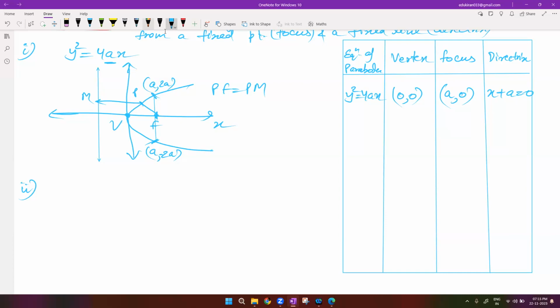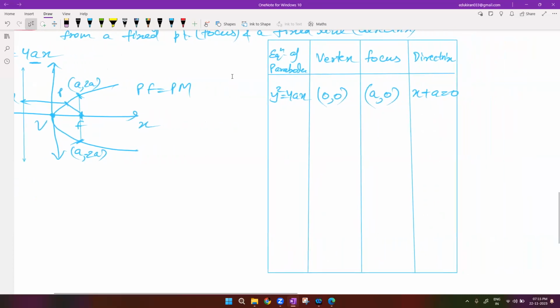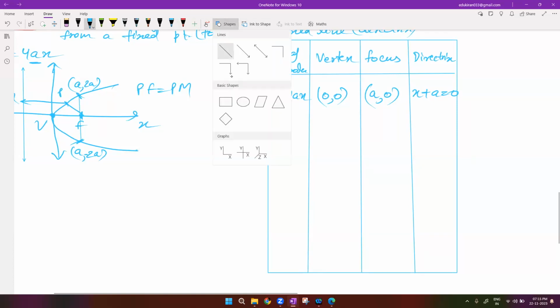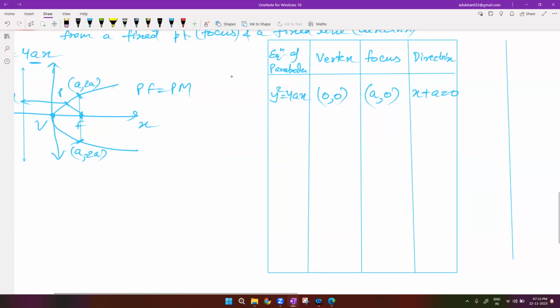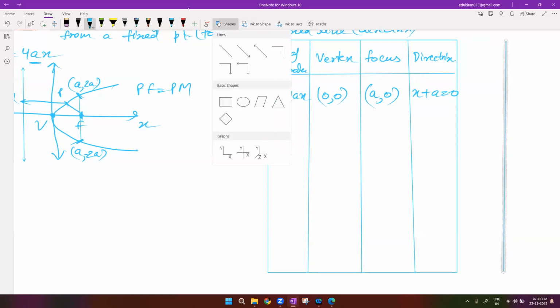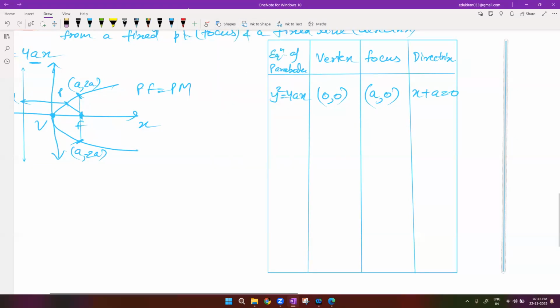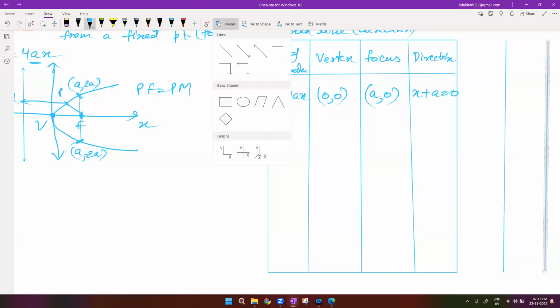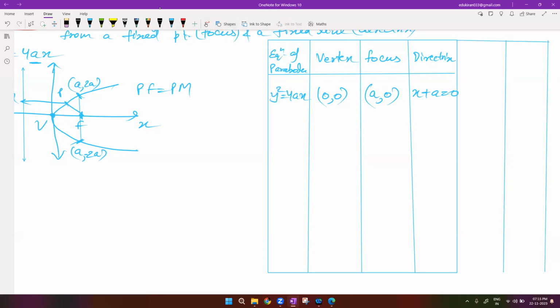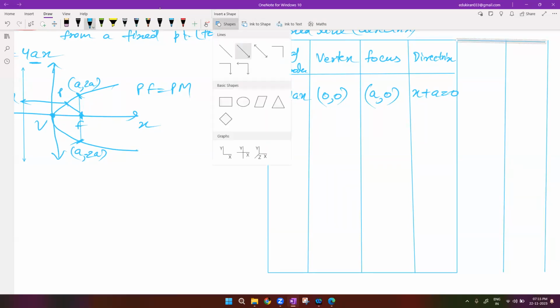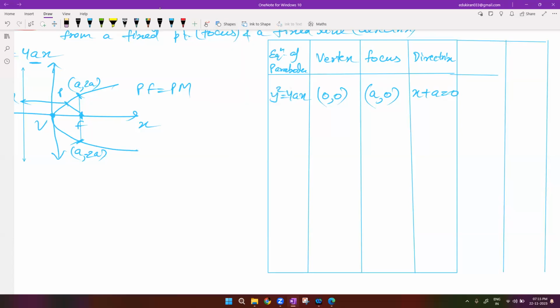So I would like to add two more columns to this, which will basically represent the coordinates of latus rectum and the length of latus rectum. Length of latus rectum is the same for every case. So yes, the coordinates of focus are (a, 0), right? (a, 0), correct.